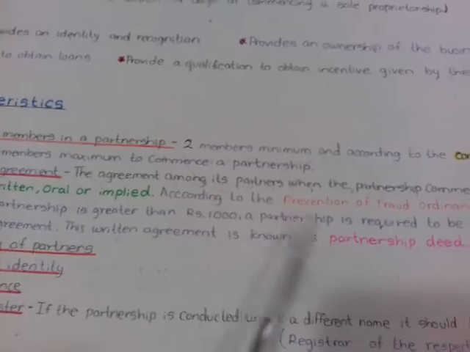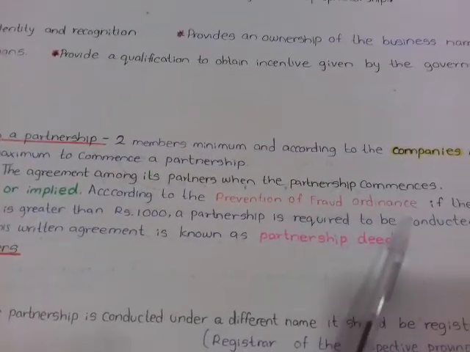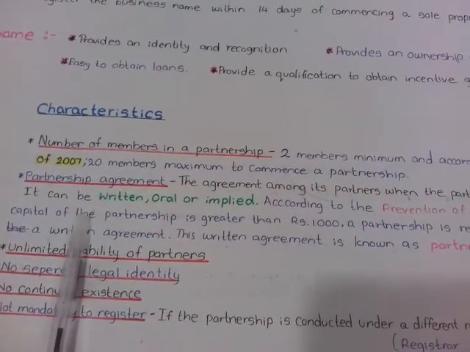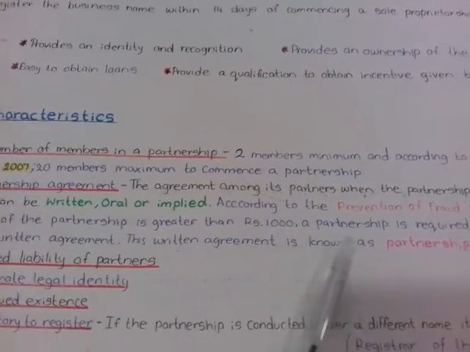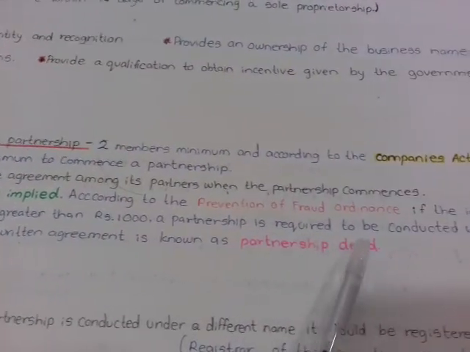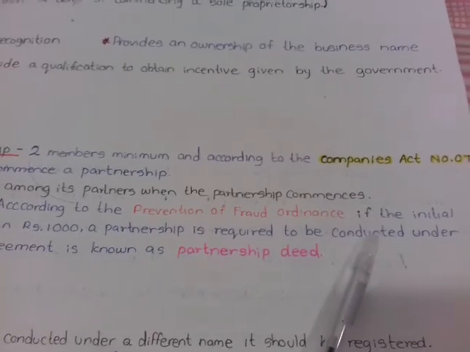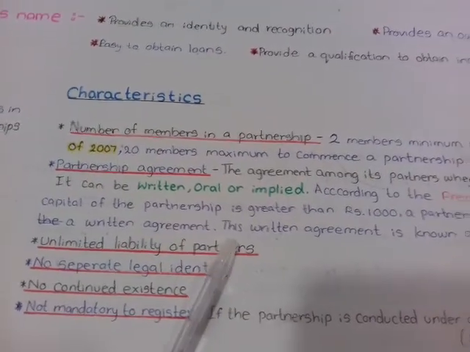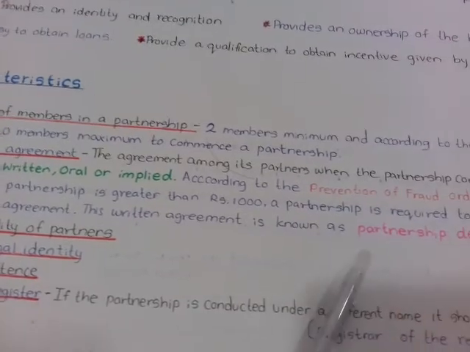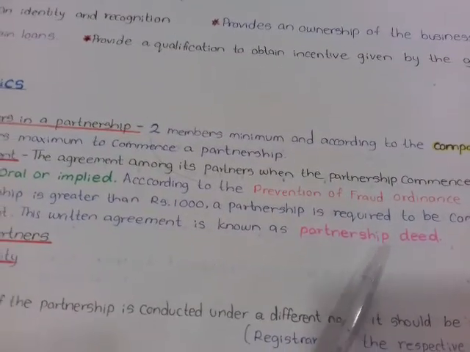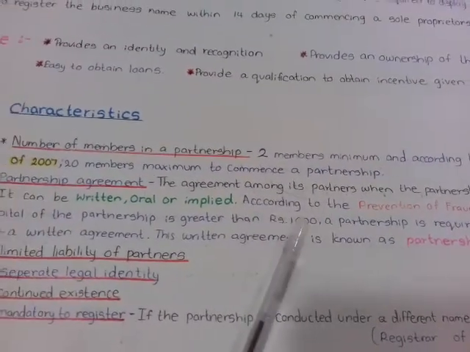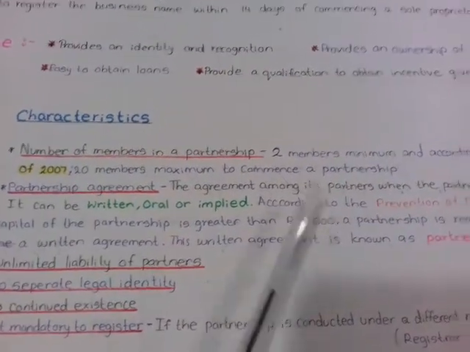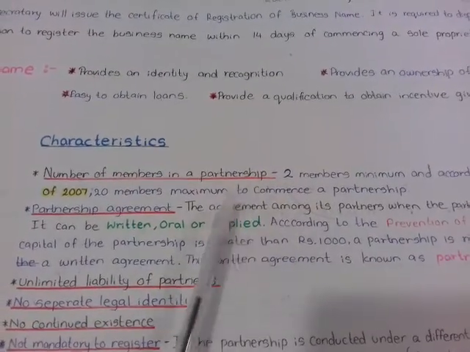And according to the Prevention of Fraud Ordinance, if the initial capital of the partnership is greater than 1000 rupees, a partnership is required to be conducted under a written agreement. This written agreement is known as the partnership deed. So what does that mean? We said that when a partnership is commencing, the partners come up with an agreement.